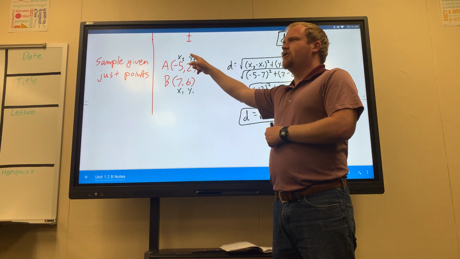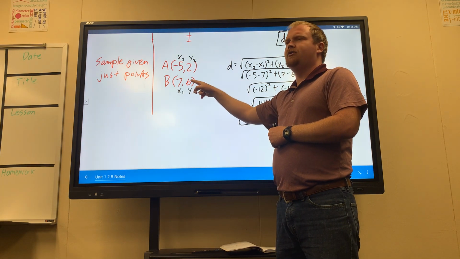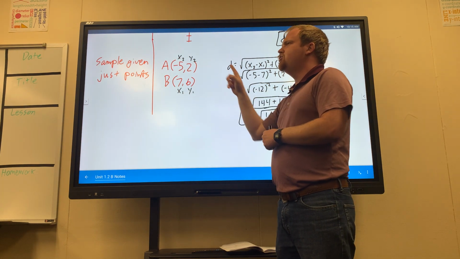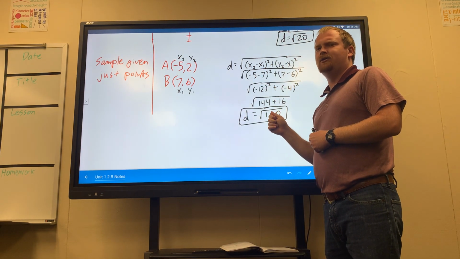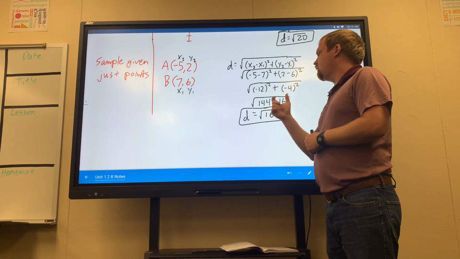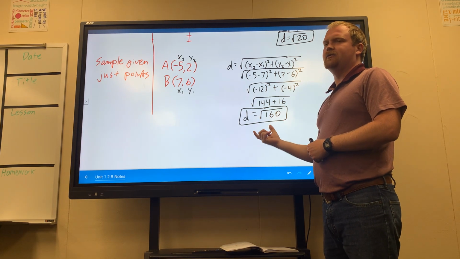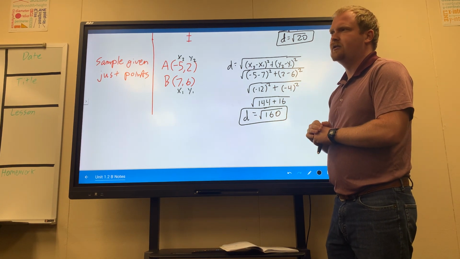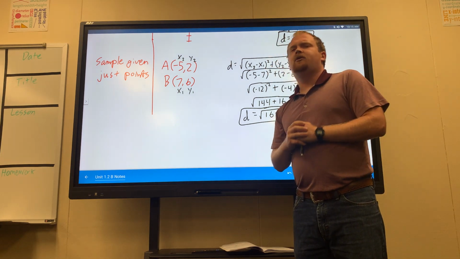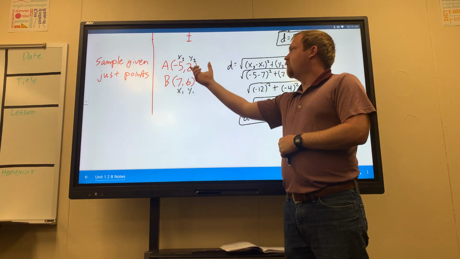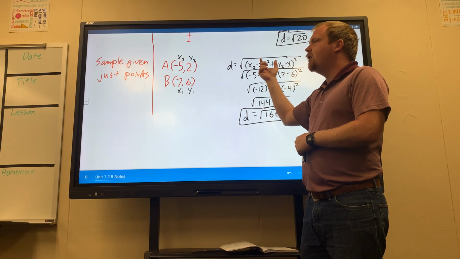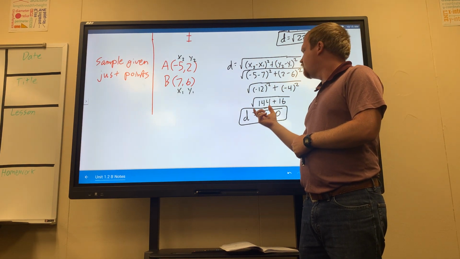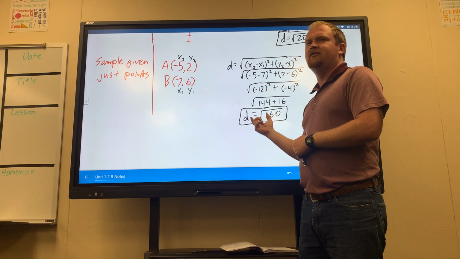As long as you label the right numbers accordingly, you plug the values in and then use PEMDAS to find the distance. That's how we're going to use the distance formula. Just remember: label accordingly, plug the values in, and use PEMDAS to help you find the distance.